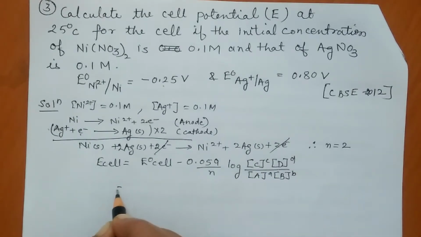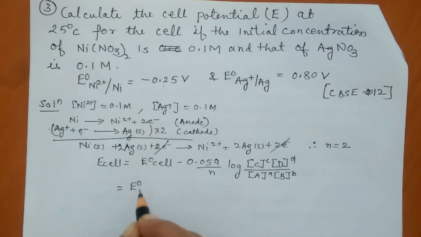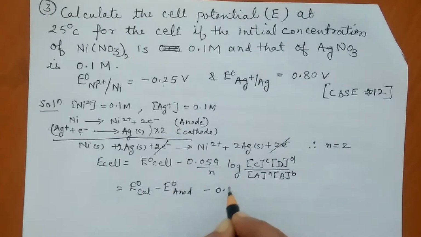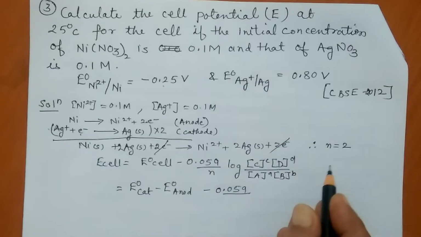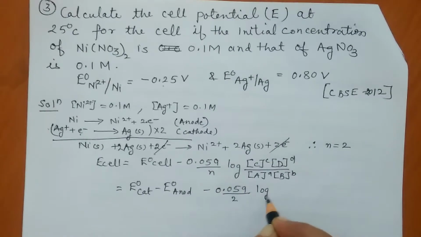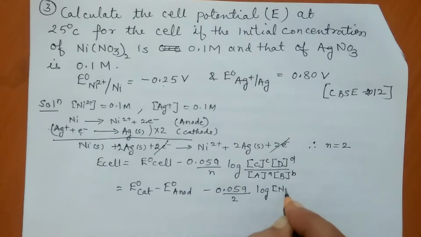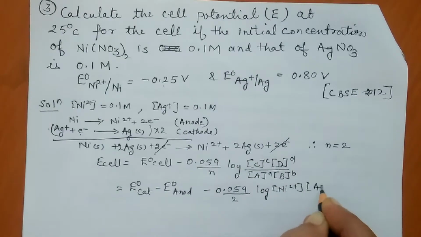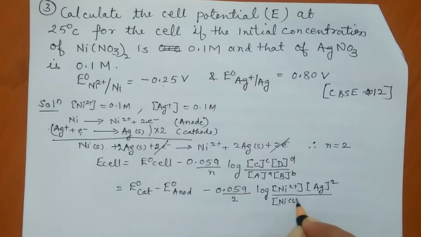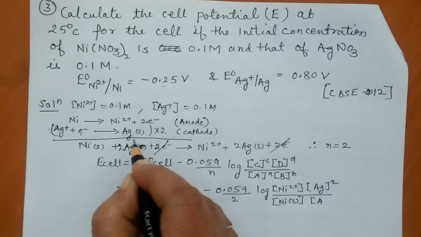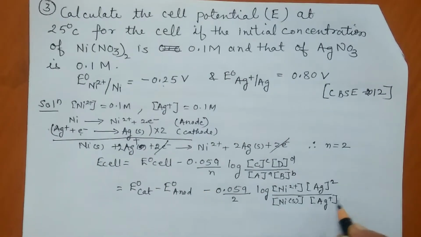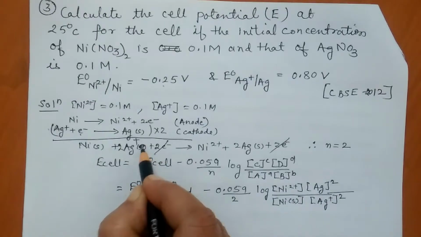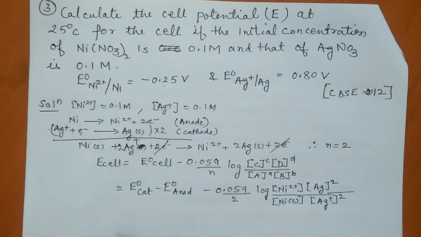So in the next step you will write down E0 cell, which is E0 of cathode minus E0 of anode, minus 0.059 upon n, and we already know n is 2, log of concentration of Ni2+ into concentration of Ag solid squared, upon concentration of nickel solid into concentration of Ag+ squared.